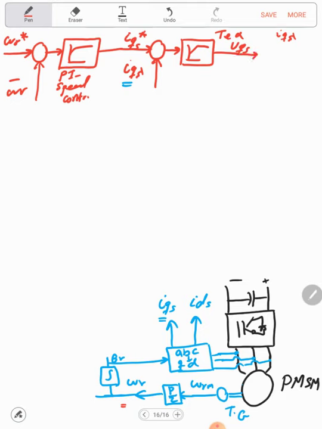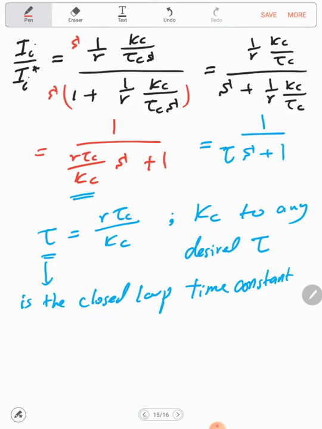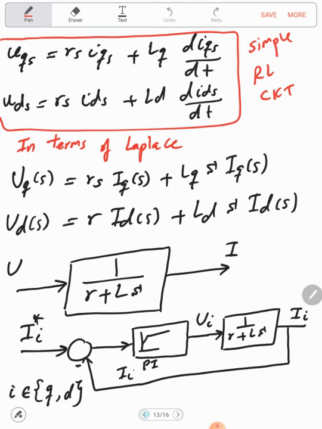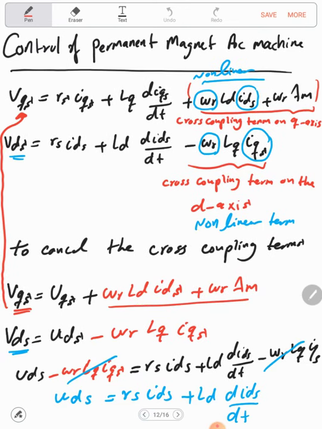But simply for the machine we need VQS. So here we will add the cross coupling terms, and simply if we recall, we have the following cross coupling terms, which is omega r LD IDS plus omega r lambda m in the VQS.